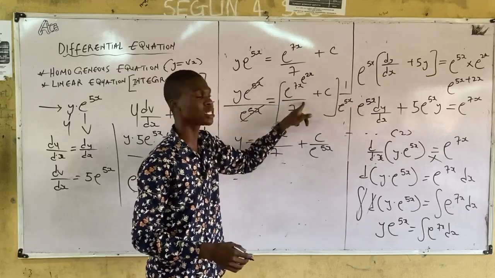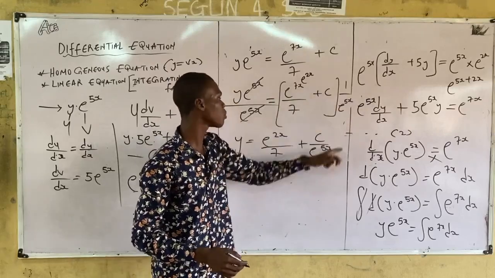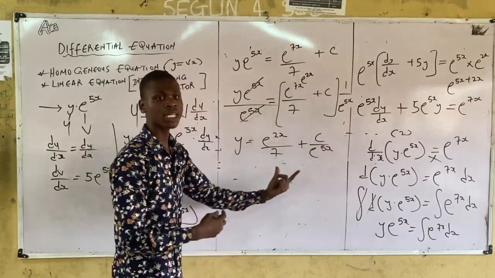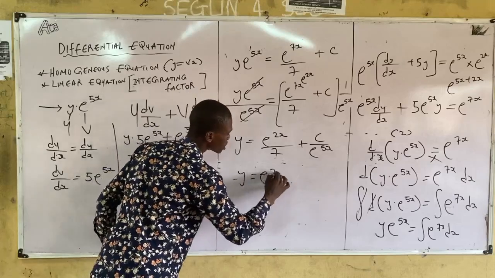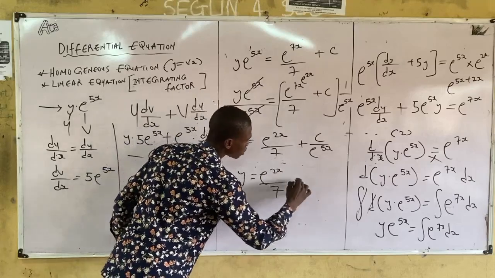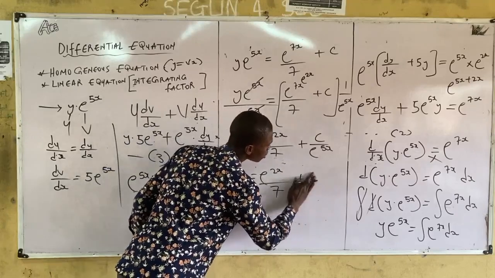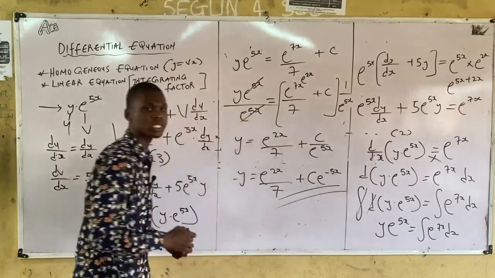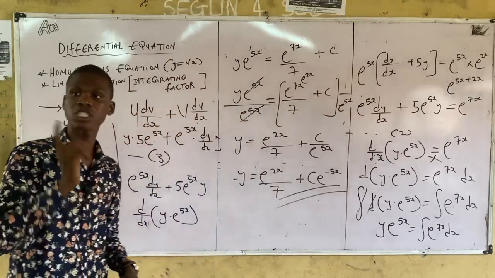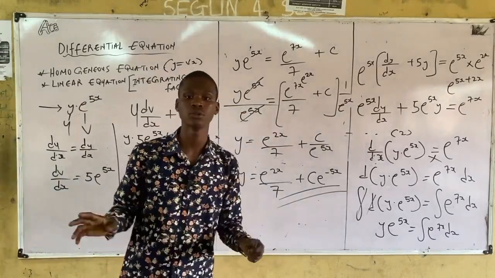By the time we multiply, you'll be left with this. Then writing this in a nicer way, we have y equals exponential 2x over 7 plus c exponential minus 5x. Then this is the function that was differentiated. Hence, you are done.